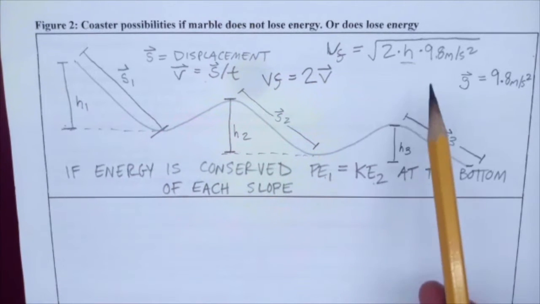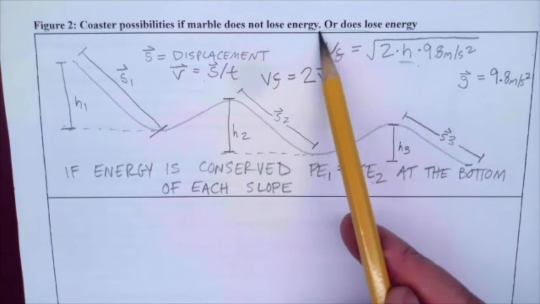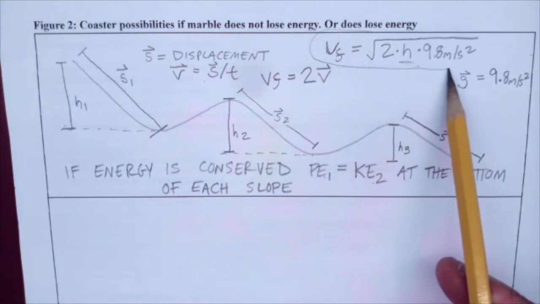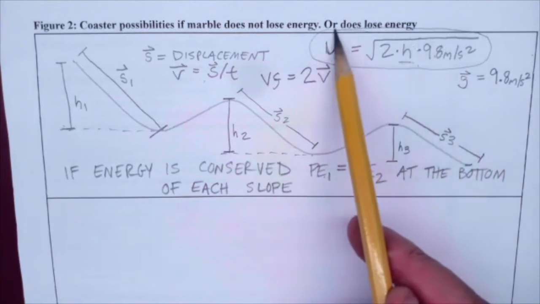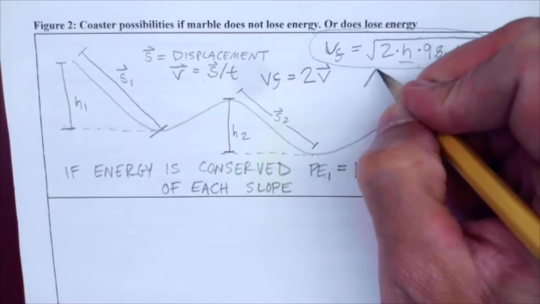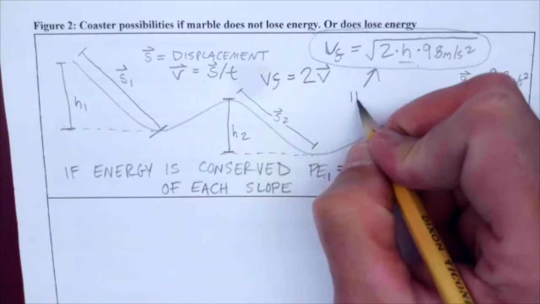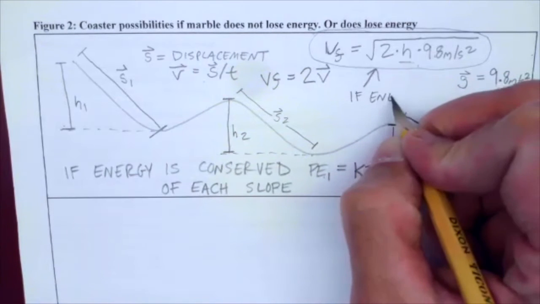And that's what this formula assumes. If this marble has this final velocity, this is the velocity you would have if energy is not lost.